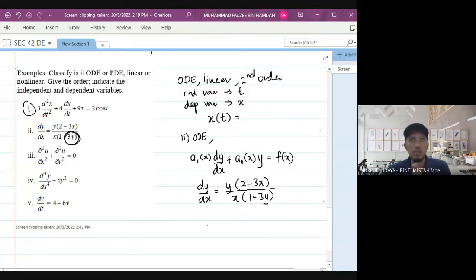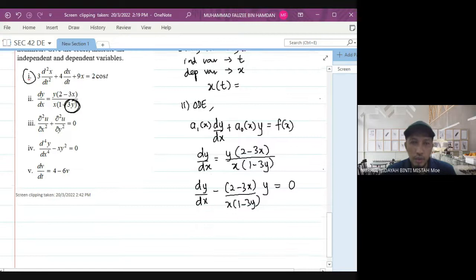So we try to rearrange so that we have dy over dx minus (y squared minus 3x) over (x squared minus 3y) equal to 0. We rearrange so that we can identify whether it is linear or non-linear.